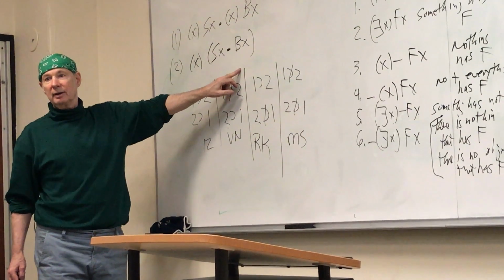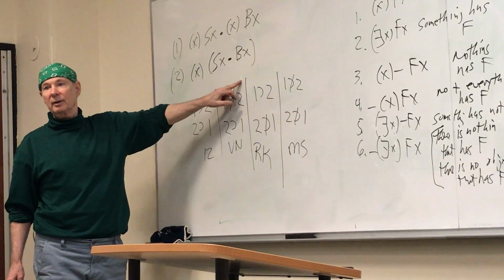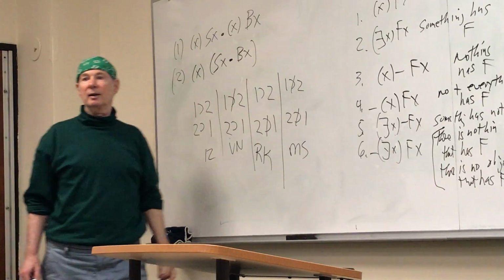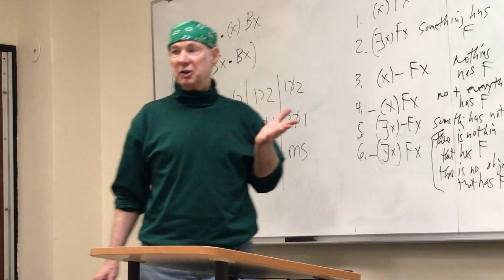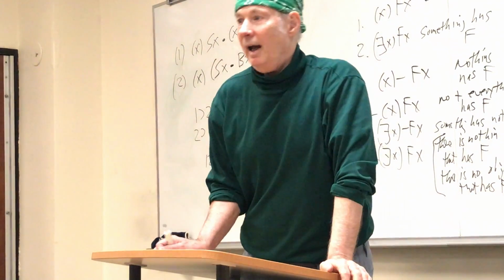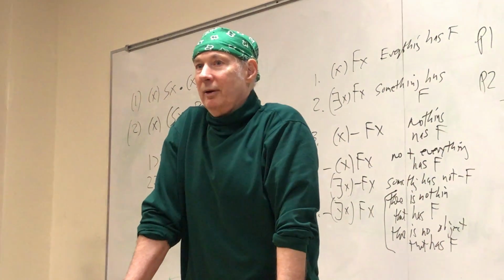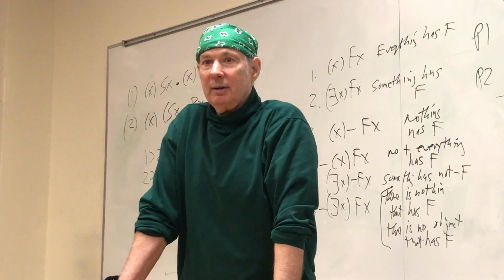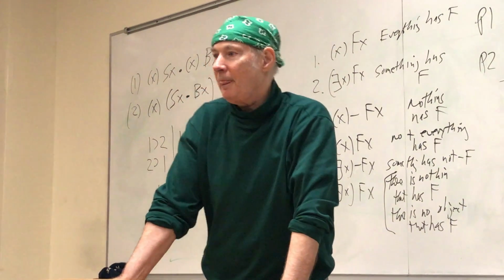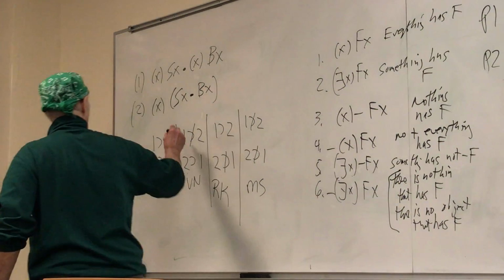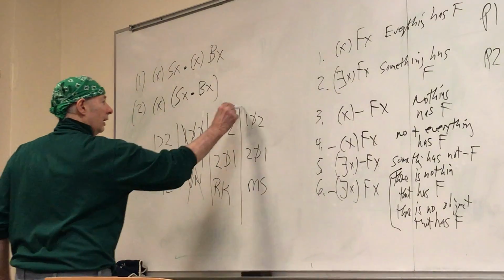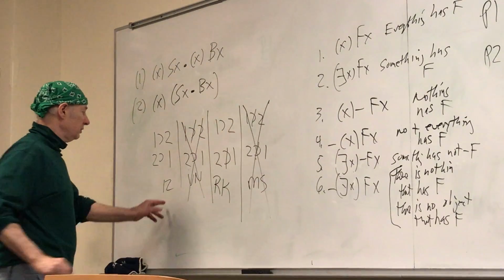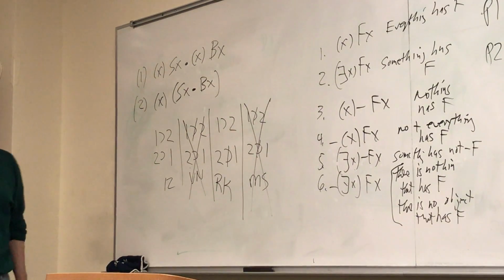By conjunction, it's true. Every object is a sweet object, and every object is a bitter object. So every object is a sweet and bitter object. Conjunction. That rules out this and this, and leaves open these 2.